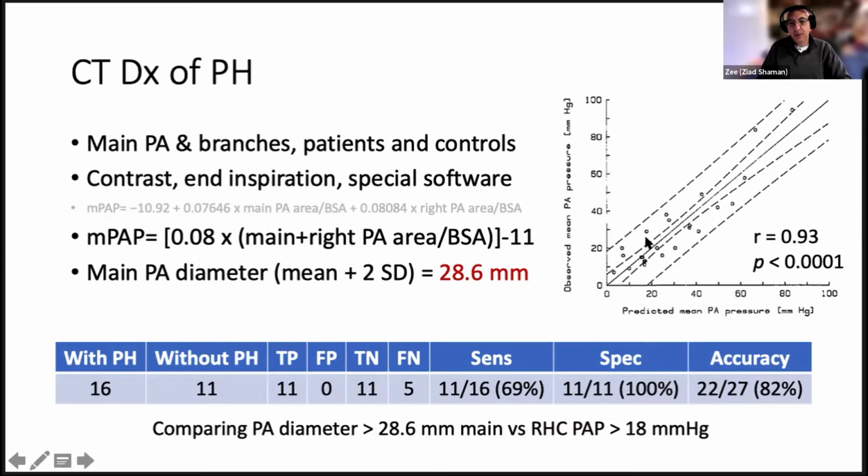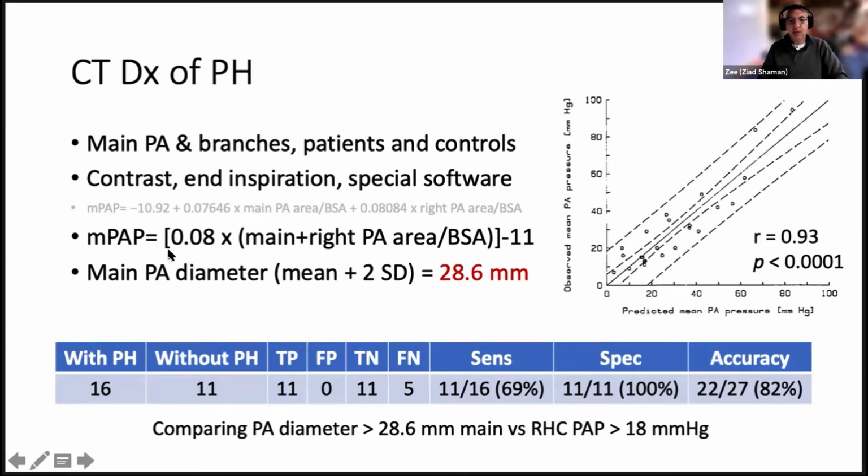This was the correlation coefficient between the observed mean pulmonary artery pressure, measured by right heart cath, and the mean PA pressure predicted by CAT scan. The equation is actually not too complicated.